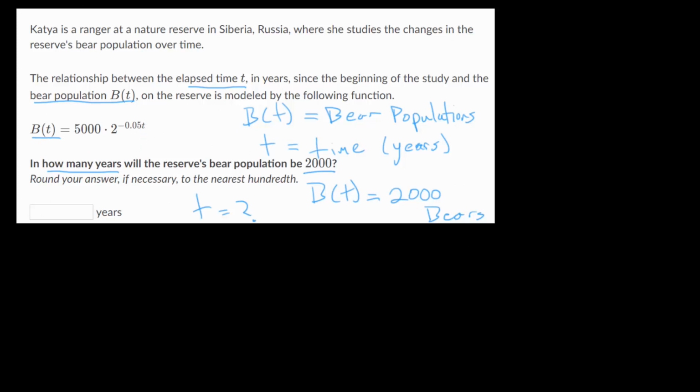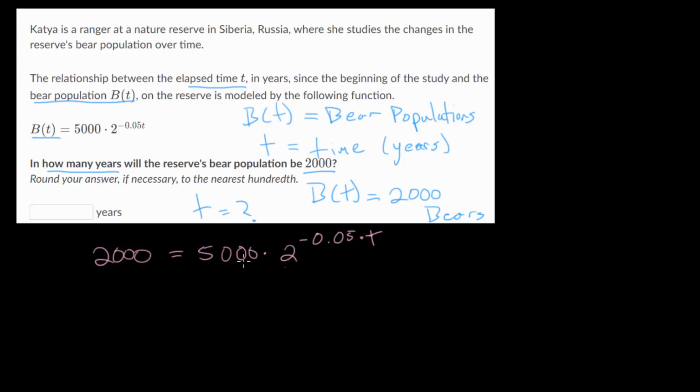So let's just rewrite that with 2,000 bears put into the equation. So we have 2,000 is 5,000 multiplied by 2 raised to the minus 0.05 times t. And we just need to solve for t.